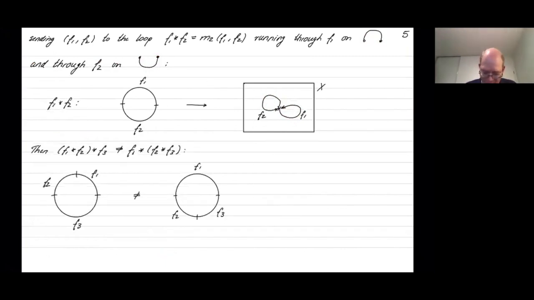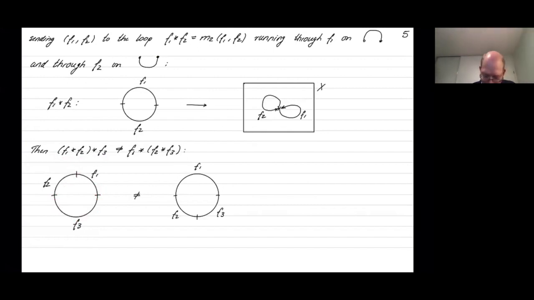If we take three loops and compose them, if we first compose f1 with f2 and then compose the result with f3, how is that going to work? Well, as you can see, we will run through f1 on the first quarter of the circle, then through f2 on the second quarter of the circle. This gives us the left factor, and then through f3 on the lower half of the circle.